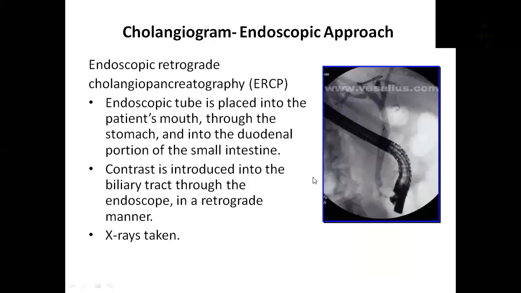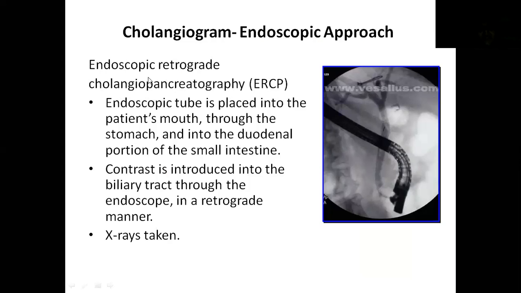Okay. So there is one technique called cholangiogram, endoscopic approach. This is actually important, beta: ERCP, endoscopic retrograde cholangiopancreaticography. They usually ask you in viva also, what is ERCP? I'll tell you. An endoscopic tube is allowed to pass through the oral cavity till the duodenum.